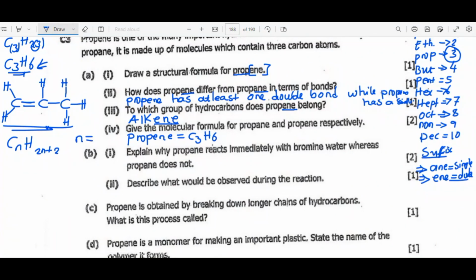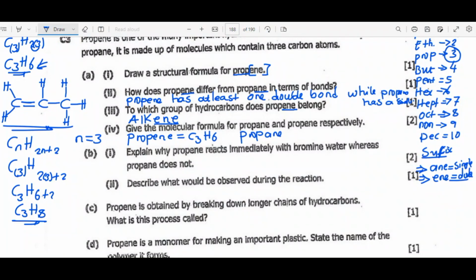Remember, n is still equal to 3, so we put C3. So C times 3 is 3, then 2 times 3, that is 6 plus 2, which is C3H8.